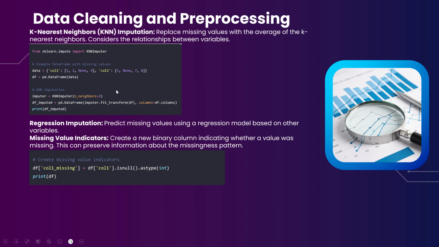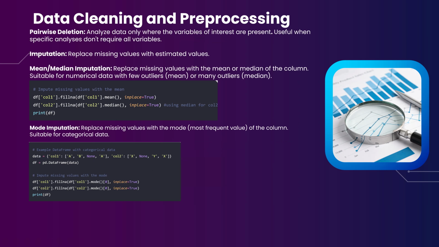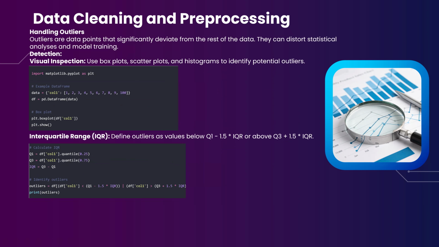Regression imputation, where you use a regression model, is another way you can replace values. But what is mostly used is that people either drop them or use the median, the mode, or average computations.